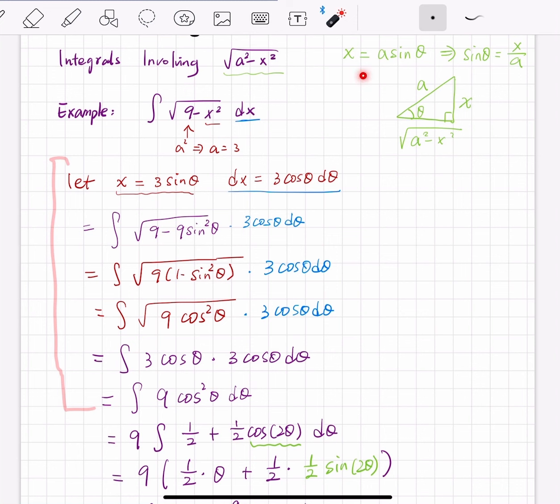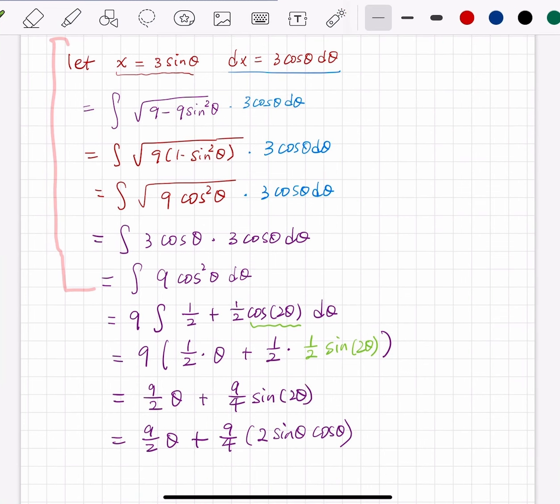According to our original setup, for this problem, x is equal to 3 sine of theta. So sine of theta is going to be x/3, which is the opposite over the hypotenuse, and then square root of 9 minus x squared is going to be the adjacent.